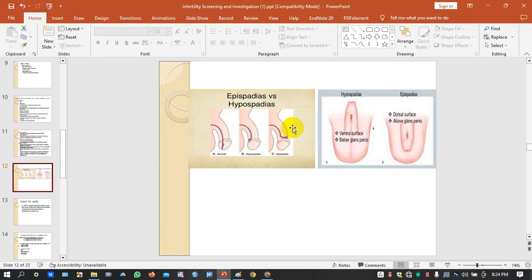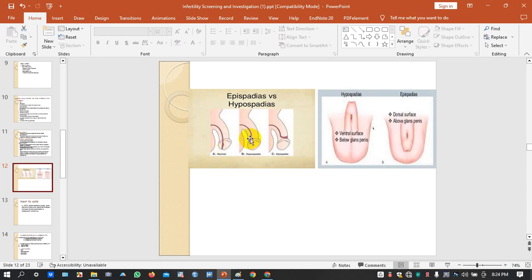It will just shoot up and enter somewhere else. We call it epispadias. But if it is shooting down and it's not getting to the target, the vagina, we call it hypospadias. And if the urethra is through the glans penis, we call it normospadias, or normal.